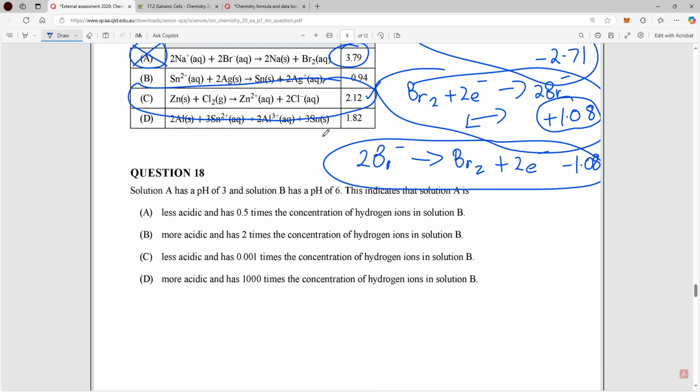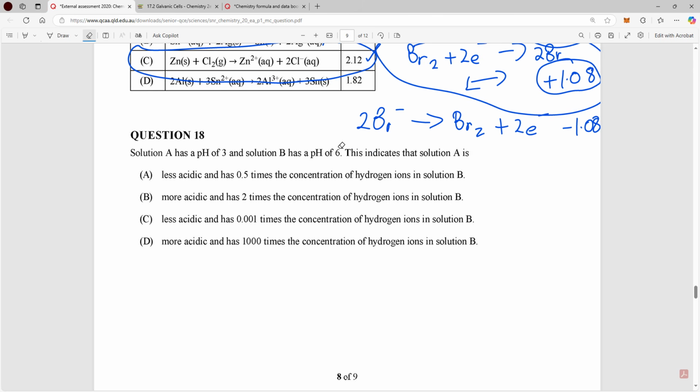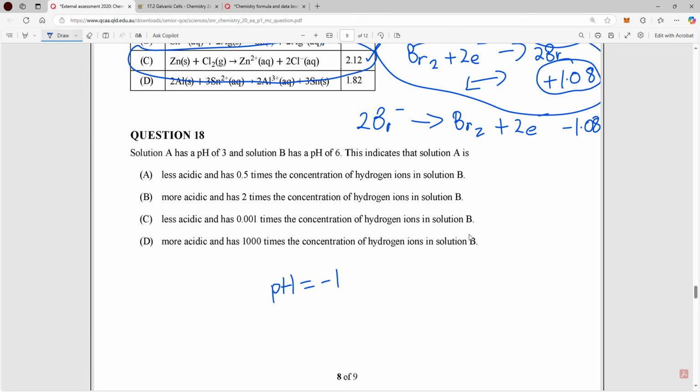Alright, so question 18. Solution A has a pH of 3. Solution B has a pH of 6. This indicates the solution A, and then we have all this stuff here. So straight away, we want to be using this formula. pH is negative log 10 of H plus.